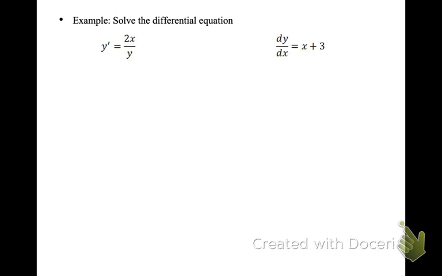Okay, so solve the differential equation. So I need to get it back. So I multiply both sides by y. So I have y prime equals 2x. So then I integrate both sides.